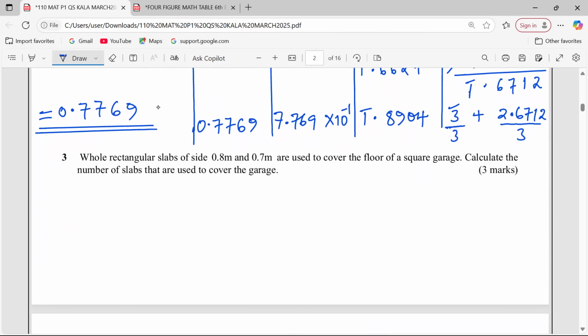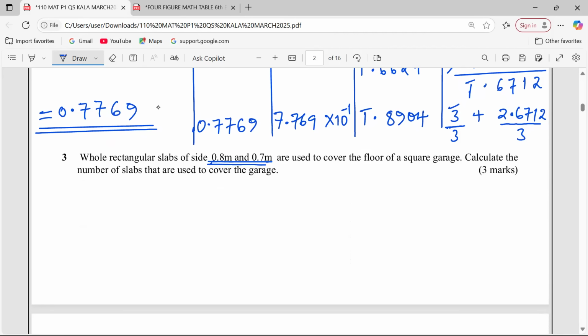Now at number 3, whole rectangular slabs of side 0.8 meters and 0.7 meters are used to cover the floor of a square garage. Calculate the number of slabs that are used to cover the garage. Look at this. We are having slabs that are rectangular.